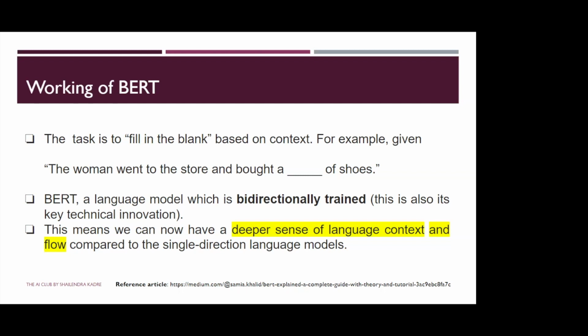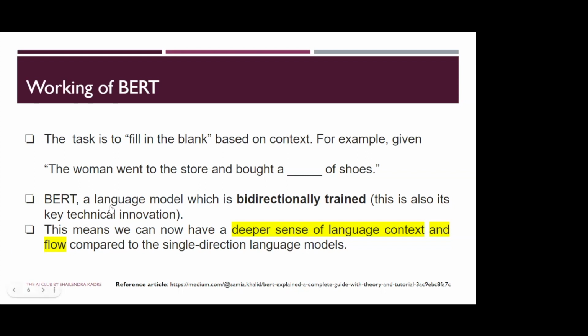So, as I was saying, the basic task of BERT would be to predict the missing word from the sentence or corpus, or predict words in general. How it does that and what the training process is, I'll discuss in the later slides. For now, keep in mind that our basic task is to fill in the blank.